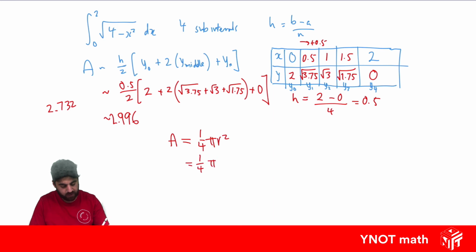So that's just a quarter times pi times 2 squared. And 2 squared is 4. We'll cancel out with that 4. And the actual area is equal to pi, which we know is approximately equal to 3.14. So you can see it is getting closer and closer to that actual value.